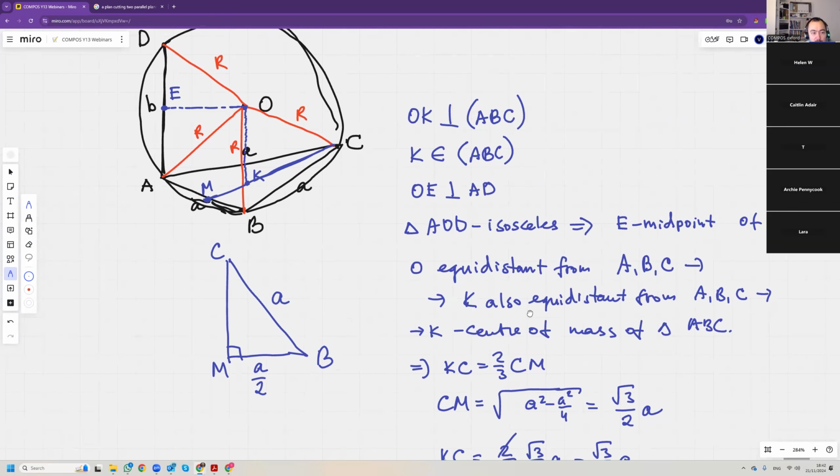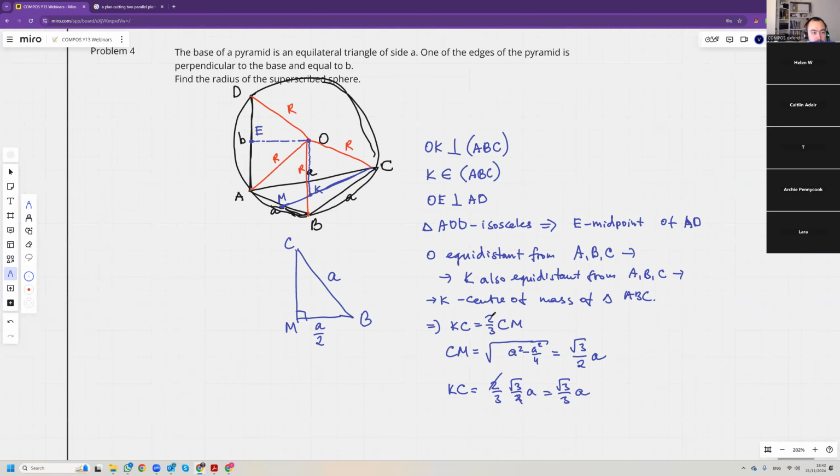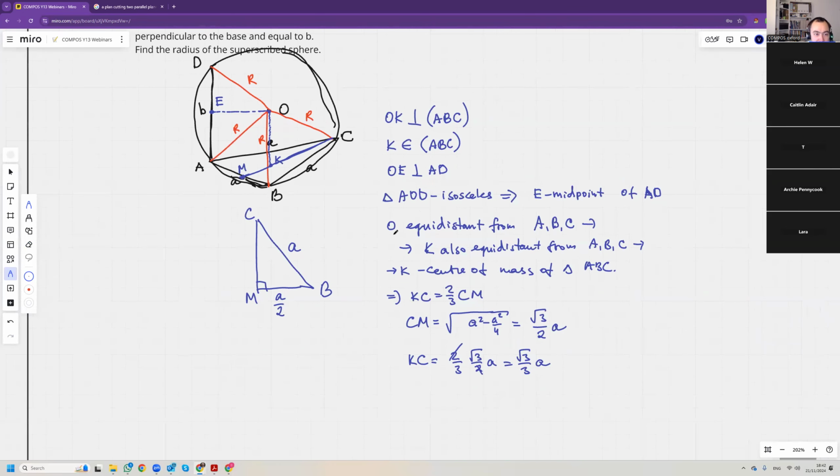Now KO is parallel to AE, and OE is parallel to AK.